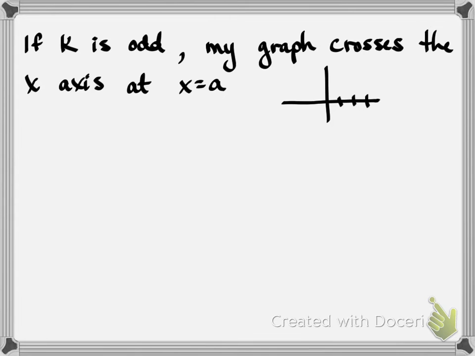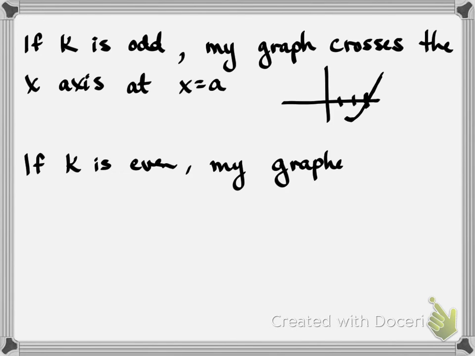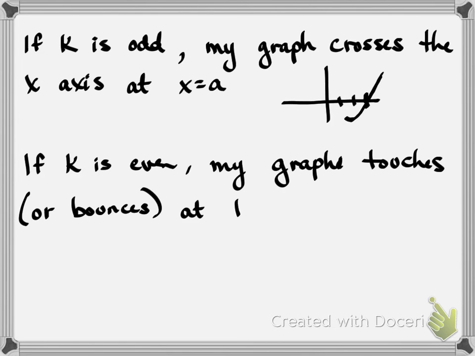I don't know what the graph looks like, but I know that at 3, where I get this 0, this x-intercept, it's going to cross through. If k is even, my graph touches, and it also looks like it bounces, so it touches or bounces at the 0, but doesn't cross.